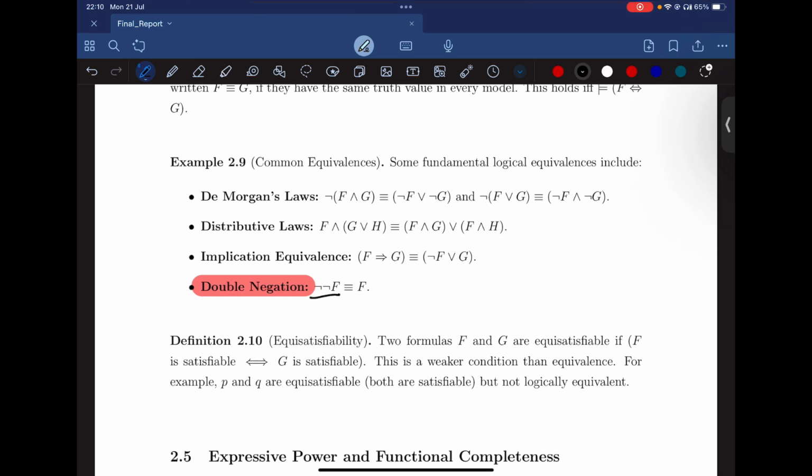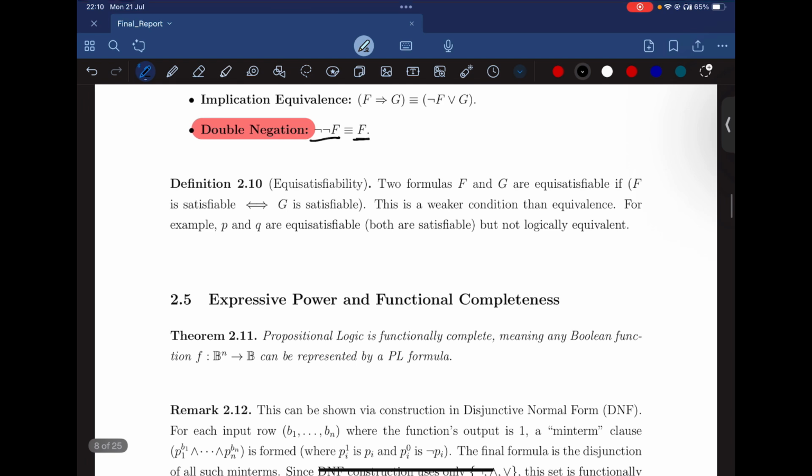No matter what F is, if you negate F and then negate the negation of F, you will get the same value as F. Now, equisatisfiability: F and G are equisatisfiable if and only if both are satisfiable. If F is satisfied, it is guaranteed that G is satisfiable. If G is satisfiable, then so is F.